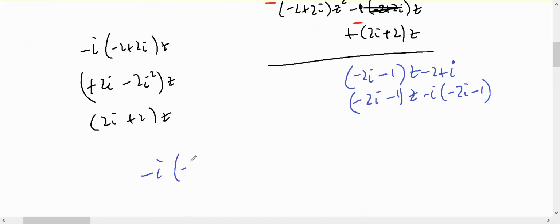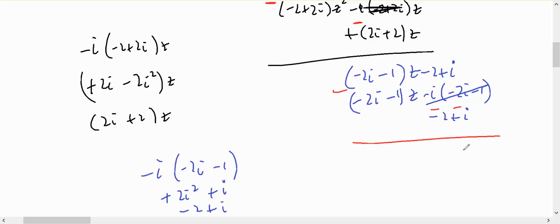Minus i times minus 2i minus 1 is going to be plus 2i squared plus i, which is minus 2 plus i. So when I subtract all of these from each other, I get a remainder of 0.